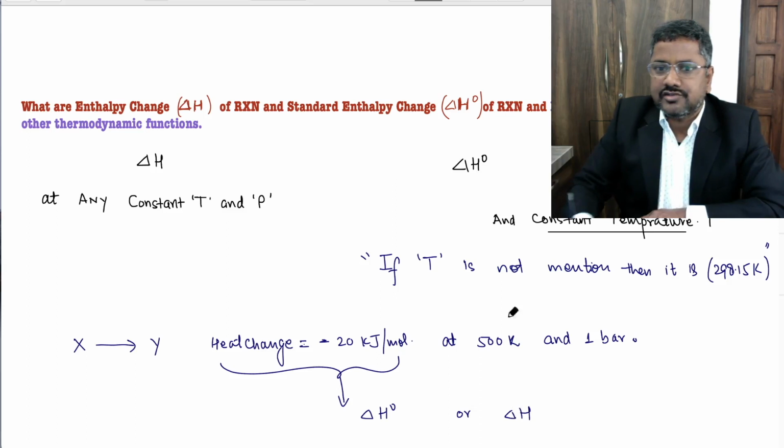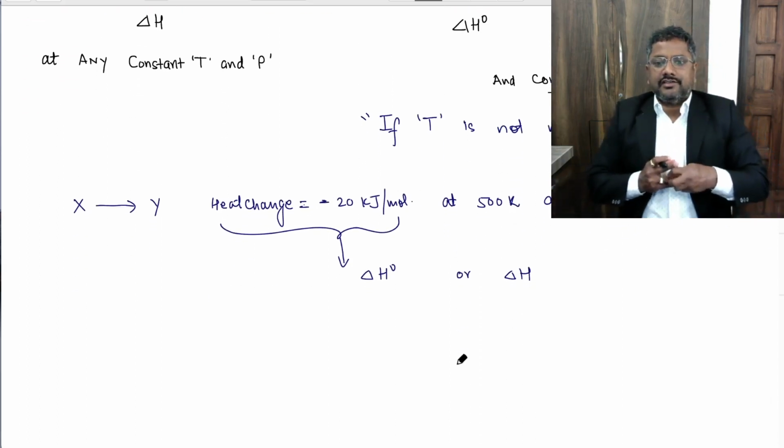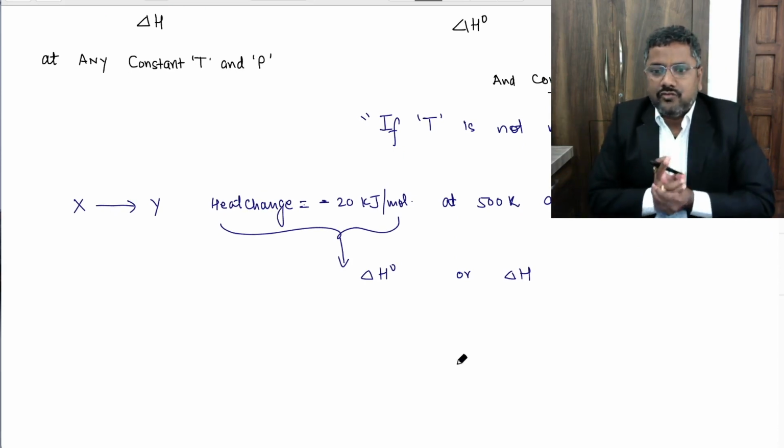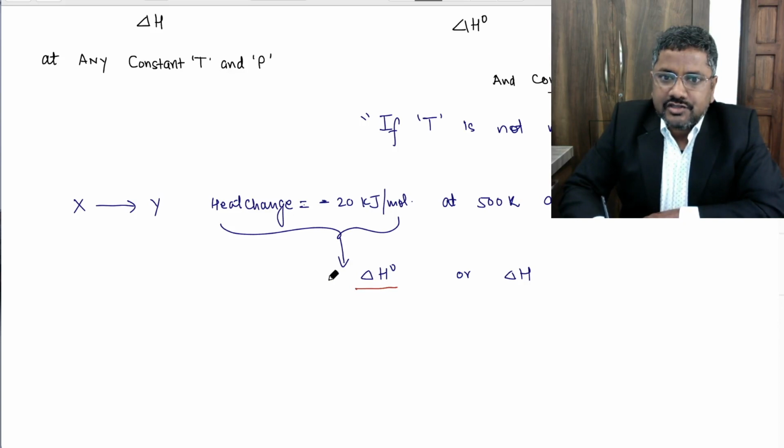Suppose the question is given like this: the heat change for this reaction is given as minus 20 kilojoules at 500 Kelvin and 1 bar. So what is this? Dear students, this is delta H naught.